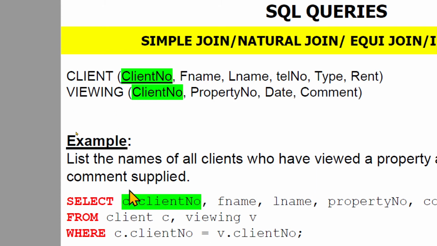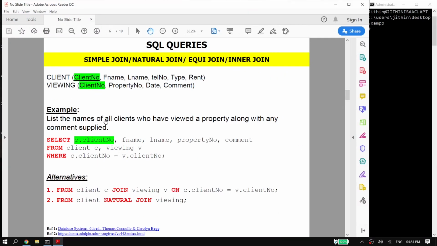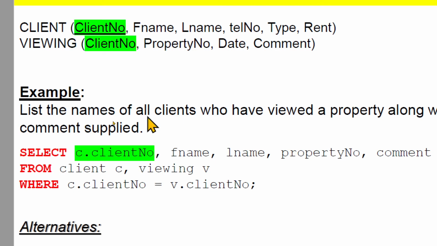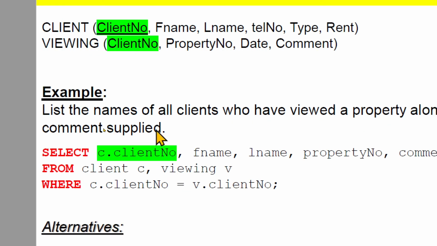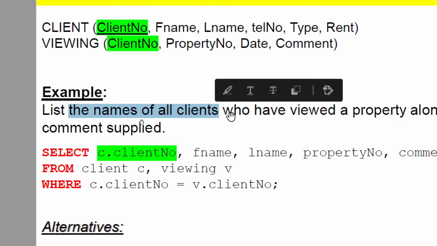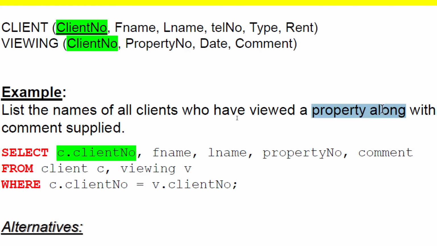Okay, the question given to me is list the names of all clients. Okay, so I have to list the names of all clients who have viewed a property along with any comments applied. So what do they require over here? They want the list the names of all the clients. So all the clients' names should come who have viewed a property. Alright.